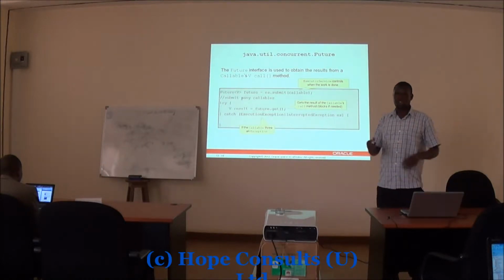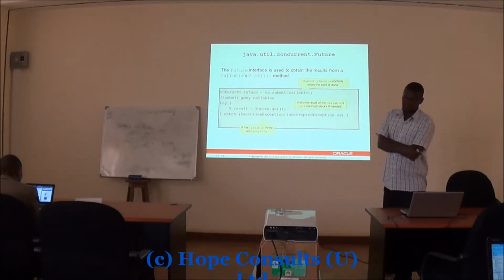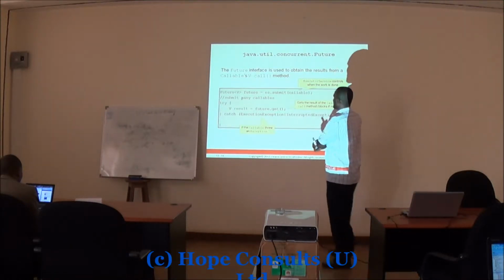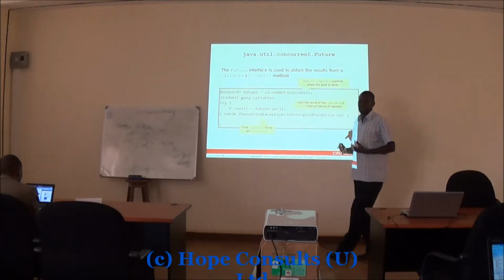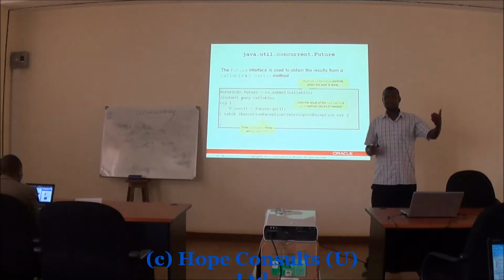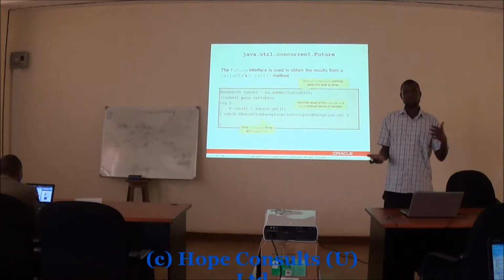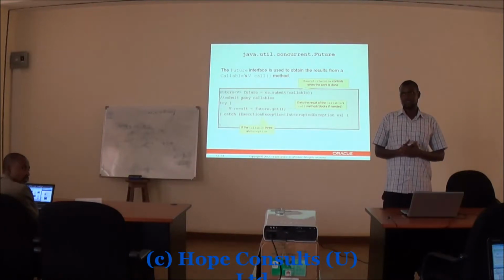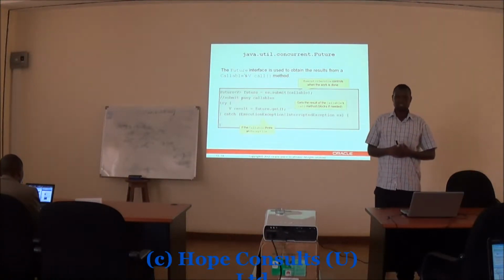Then, how do you collect results from your executor service? You have to use the Future interface, which will hold the result for you. Where will the thread update once it is done executing? You have to keep a place where your thread will update once it's done.